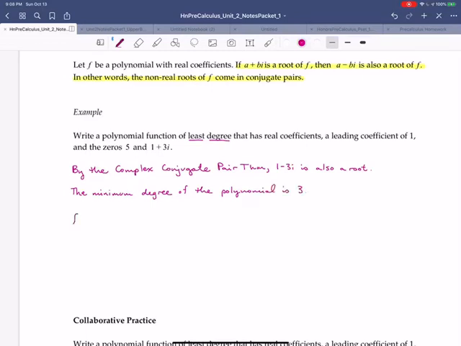This would come from multiplying out the factors x minus 5, x minus 1 plus 3i, and then x minus 1 minus 3i. So now I have a little shortcut to teach you for multiplying x minus 1 plus 3i and x minus 1 minus 3i.